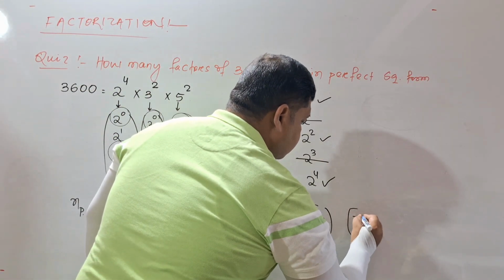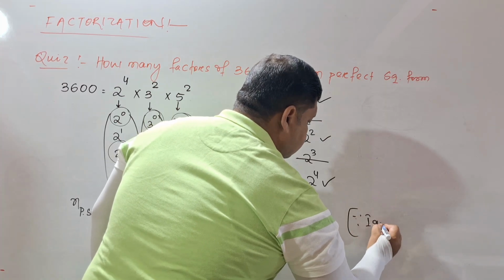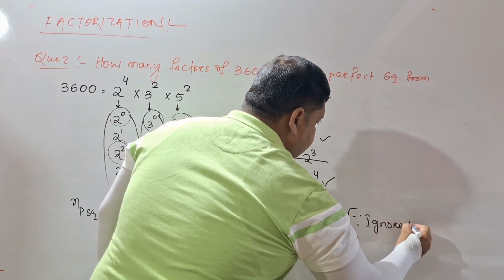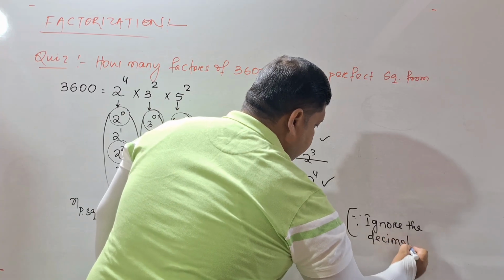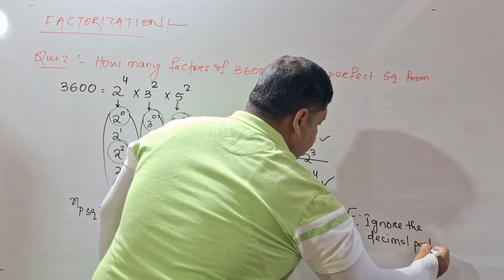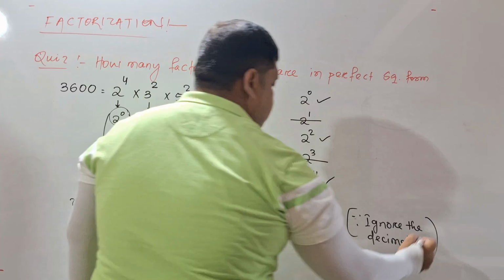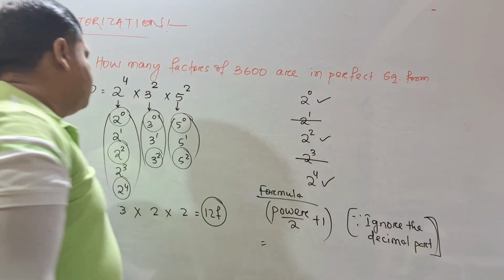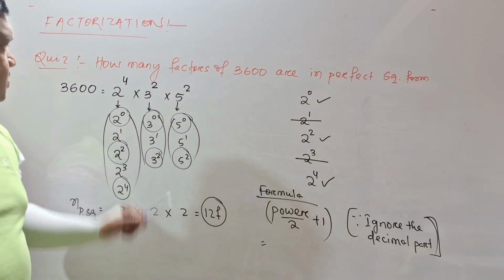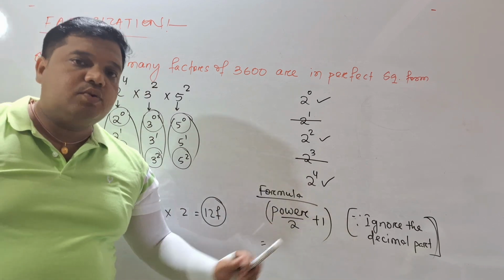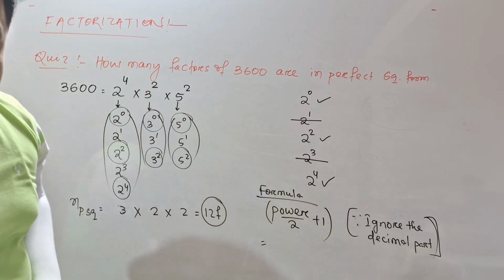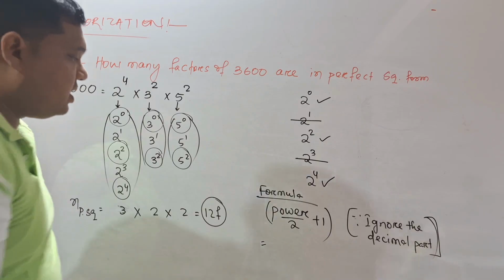The restriction is ignore the decimal part. Here you do not have any issue, and in this question you don't have any issue. Why? Here the power is even. Suppose 5 is there: 5 by 2 is 2.5. Don't write 2.5, you consider 2. Ignore the decimal part.